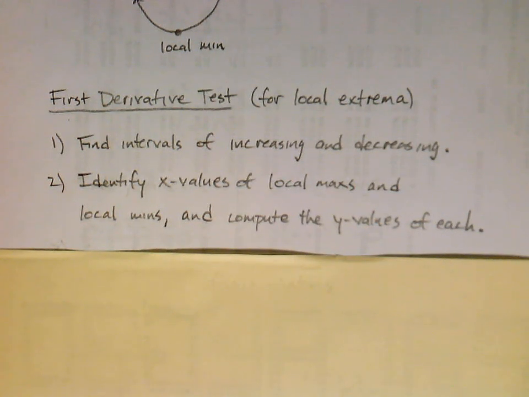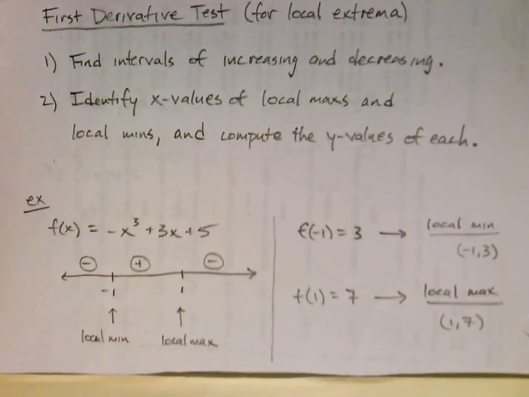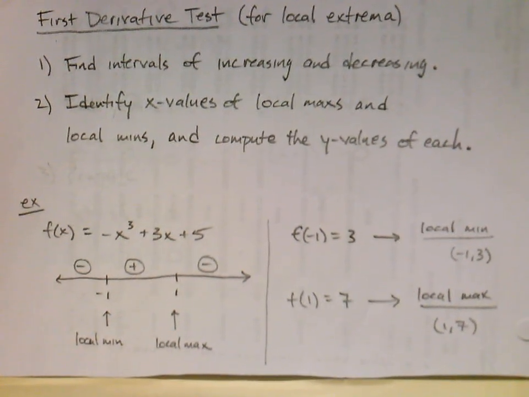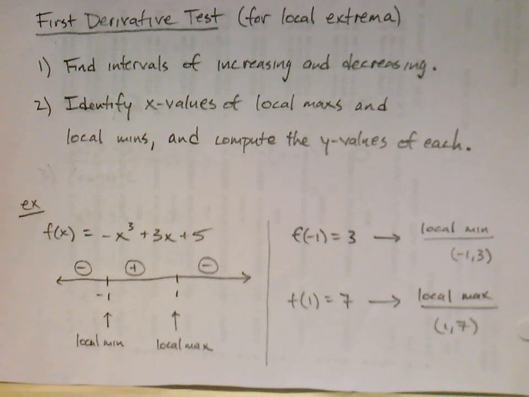So I'm just going to show you an example based on that first one that we did with increasing and decreasing. Like I said, there's very, very little work, if any, once you have the intervals of increasing and decreasing.